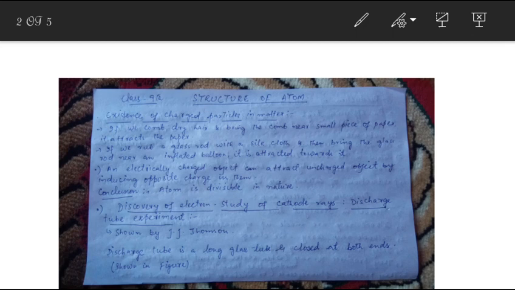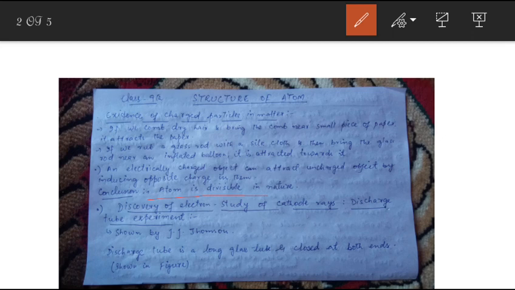The conclusion of this experiment was that the atom is divisible in nature. It means the atom is not the smallest particle of matter. It is made up of subatomic particles.